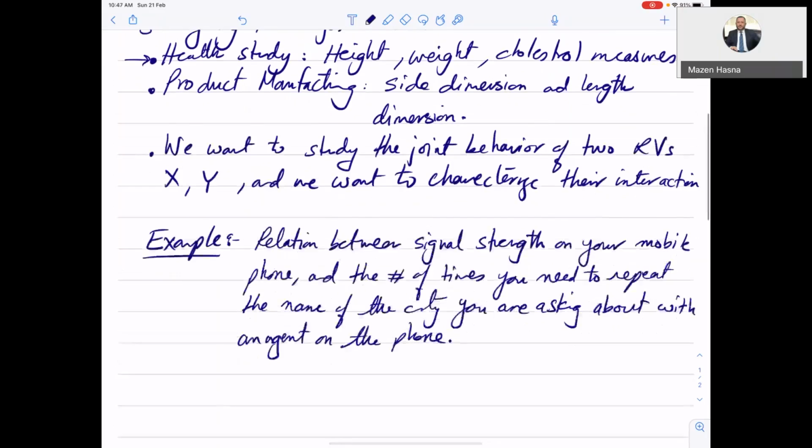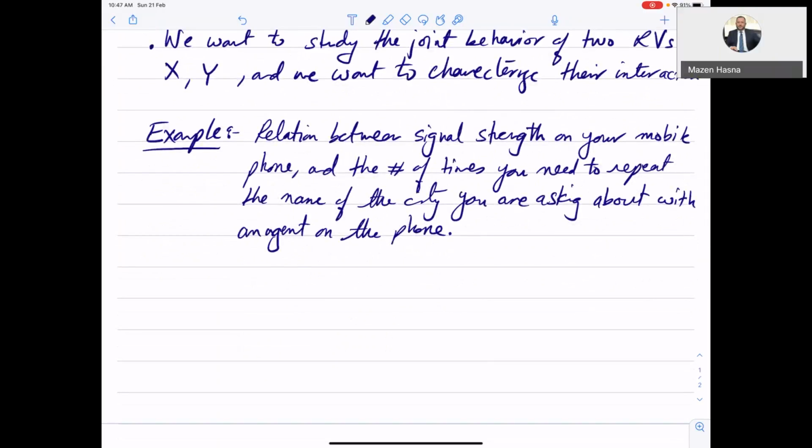So the scenario is you are calling a travel agent or the airport or any agent that you need to spell a city name to, and then we want to study the relation between the strength of the mobile signal and how many times you need to repeat the name of the city you are asking about to the travel agent.